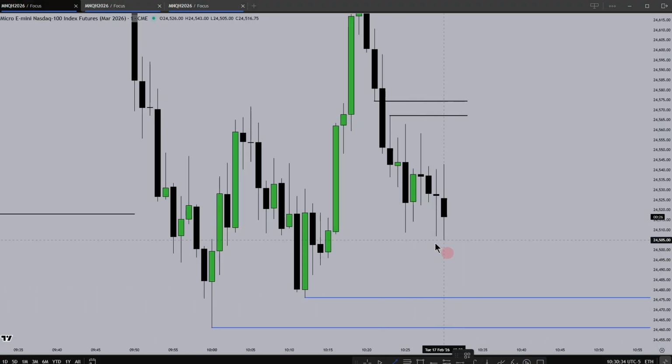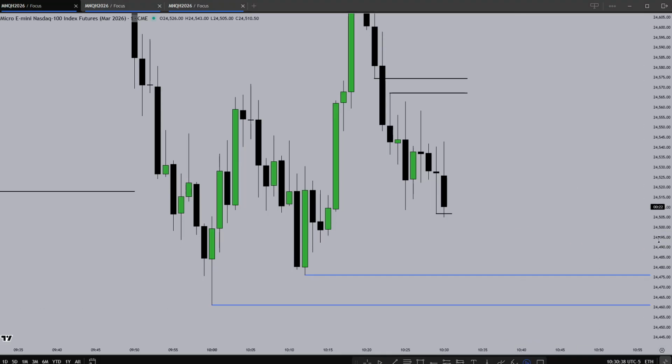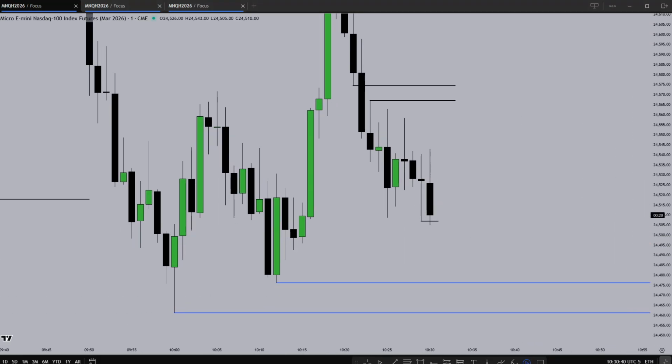Now you would want to see how we trade at this short-term low. Just trade through it. Back into range.